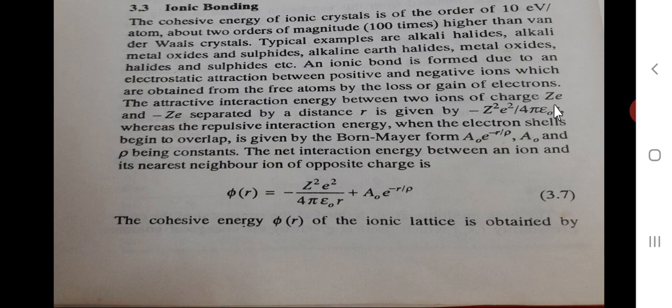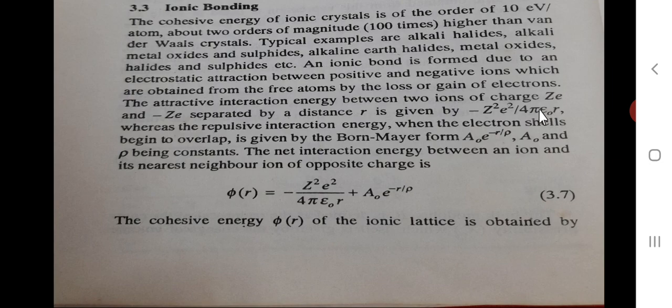whereas the repulsive interaction energy, when the electron shells begin to overlap, is given by the Born-Mayer form, which is equal to A0 e to the power minus r upon rho, A0 and rho being constants.